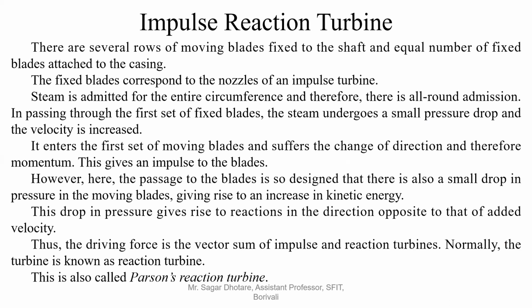So in other words, we can say it is the conversion of kinetic energy of the steam into the mechanical energy of the plate. Okay. So in this manner, this turbine works.